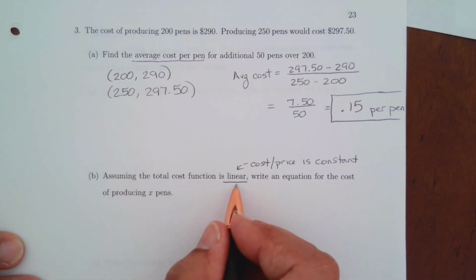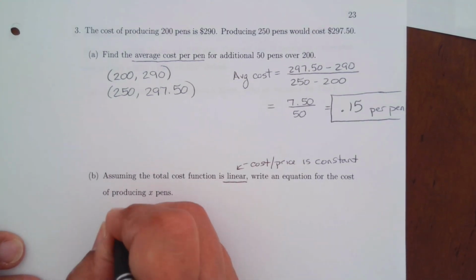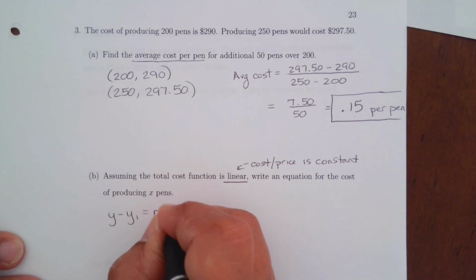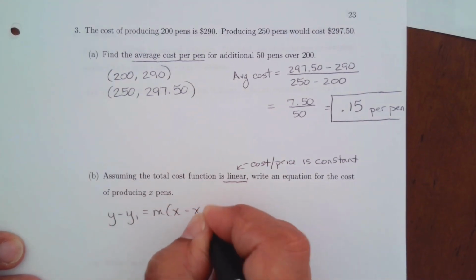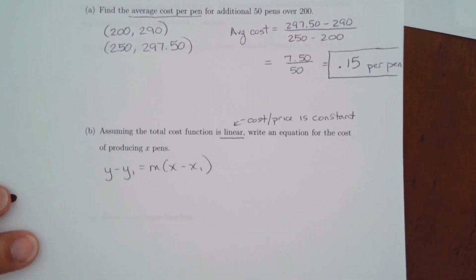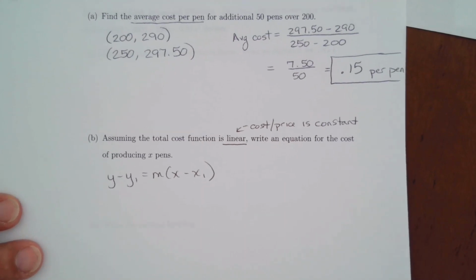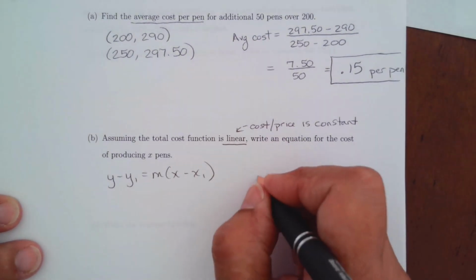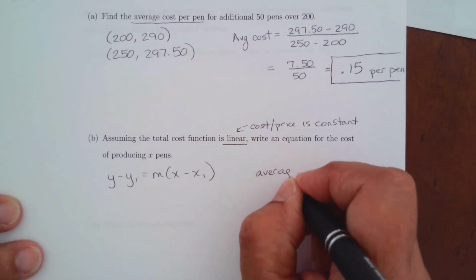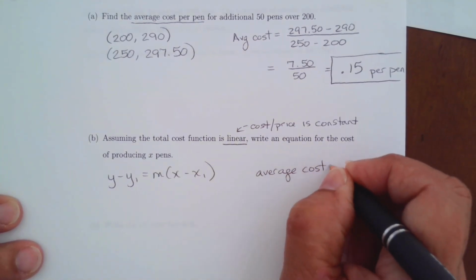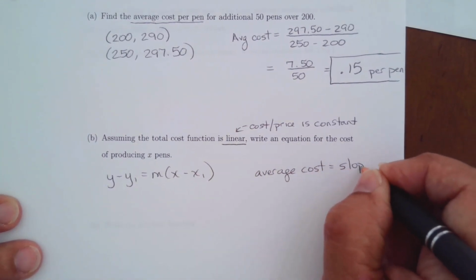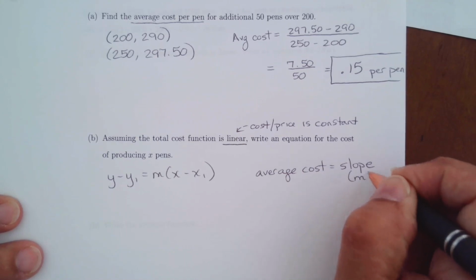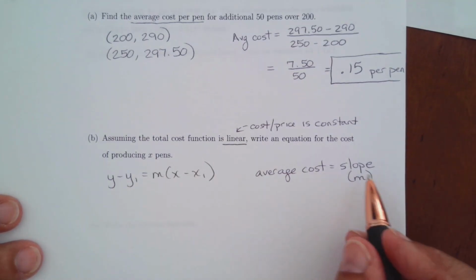So how do I write a linear function? Well, remember it's y minus y1 equals m times x minus x1. That is the formula to find the equation of any line. And remember that average cost is the same thing as the slope when it's linear. We did that already.